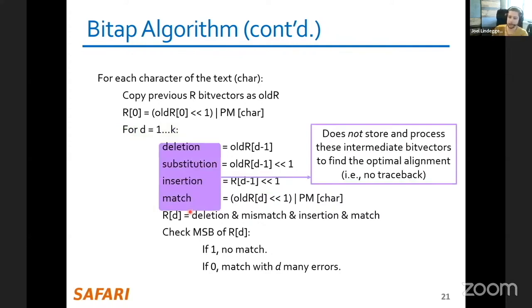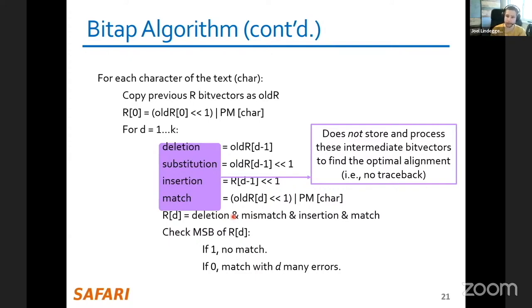Then BiTAP has another issue. It's not just lacking this kind of parallelization, it's a bit slow, but it also lacks some functionality that we need. So recall that we really want to report these cigar strings, this list of edits to convert one string into the other. And for that, we need something called traceback. And BiTAP out of the box does not support it.